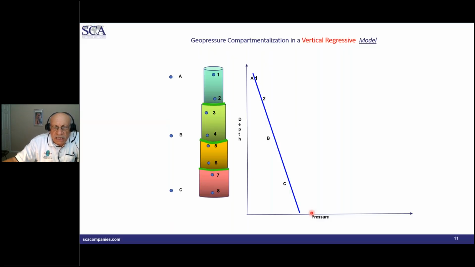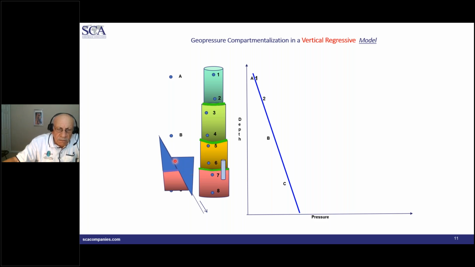So compartmentalization is good to look at, study it, get your petrophysical properties, the software, where is the sand, where is the shale, and where is the communication point, and where is the sealed part of the subsurface. Here is a fault, the same cylinder, we're going to put the fluid in it.